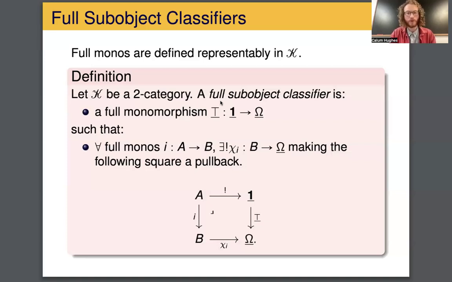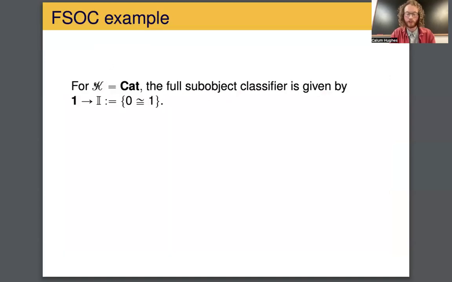Great. So to look at an example, if we take K equals Cat, then the full subobject classifier is given by this functor from 1 into the walking isomorphism. This is the category with two objects and one isomorphism between them.